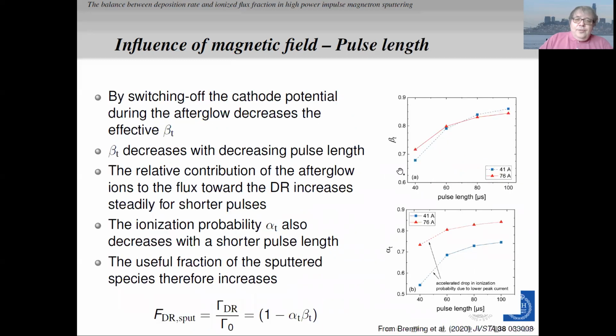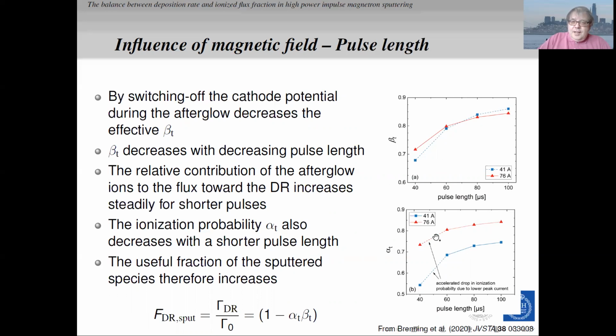So we see here that we can switch off the cathode potential at the end of the pulse, and that really releases the ions, so it decreases the effective back attraction. And this beta, the back attraction probability, decreases with decreasing pulse length, as we see here.